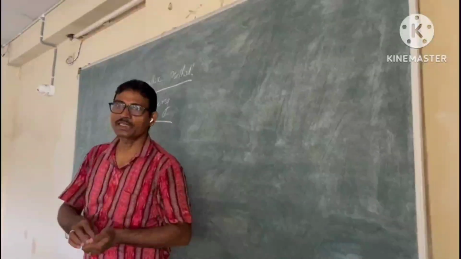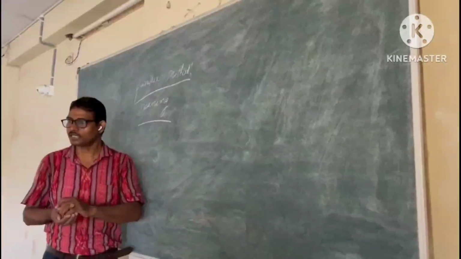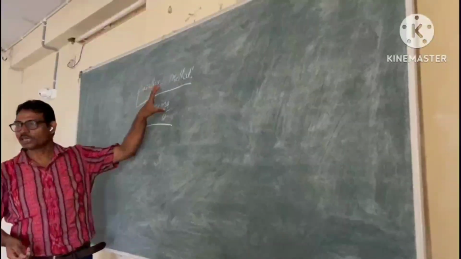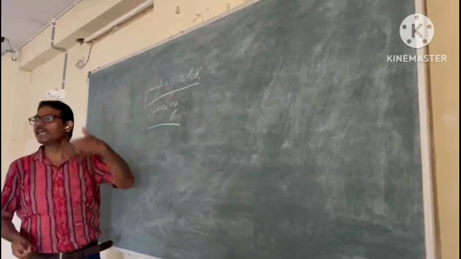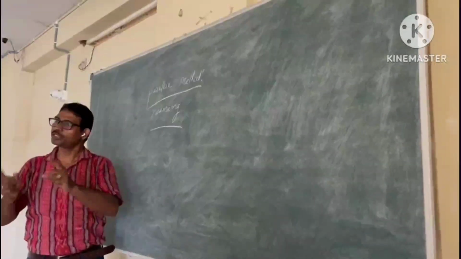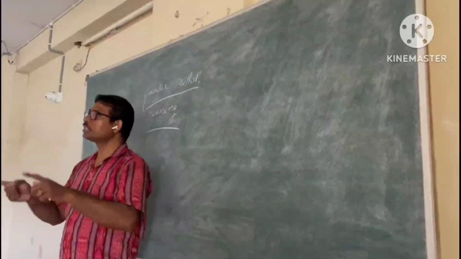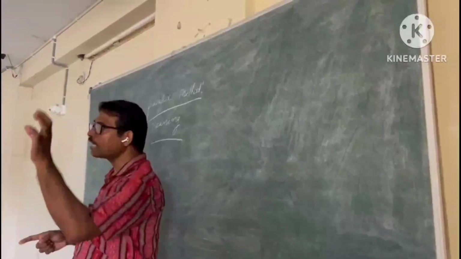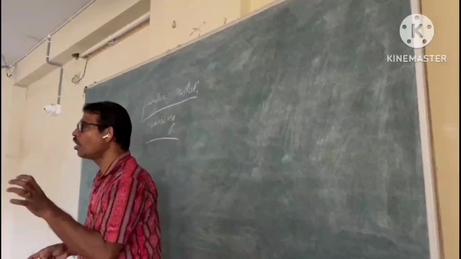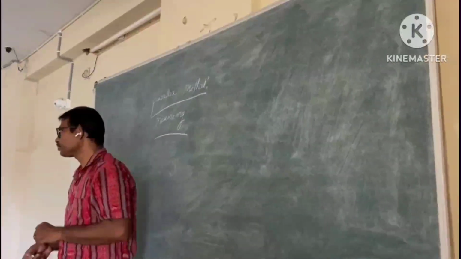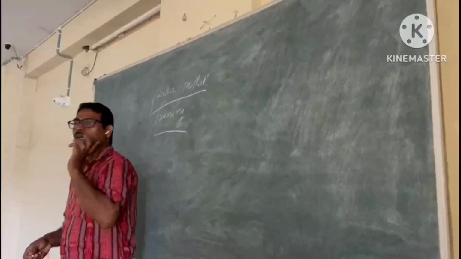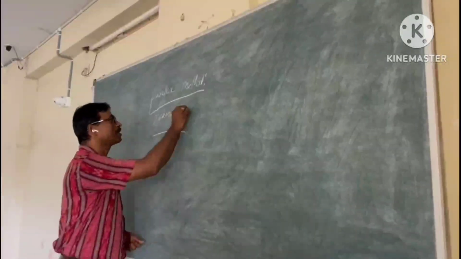Again, I am repeating. Suppose anybody asks you what is parallax method. It is an indirect method, which is used to measure the large distance of sun or nearby star. Okay, complete. This is the meaning.